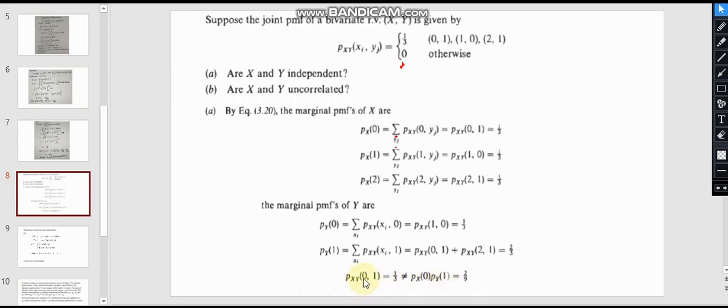When X is equal to 0 and Y is equal to 1, their joint probability mass function is 1/3, but the product of their marginal probability mass functions is 1/3 times 2/3, which is 2/9. Hence we can say that X and Y are not independent.